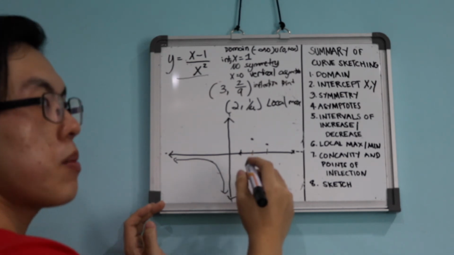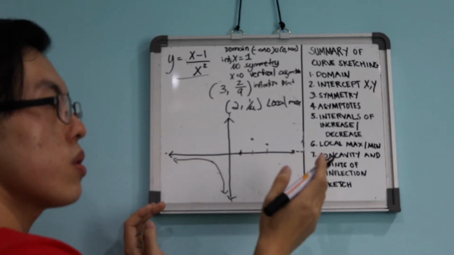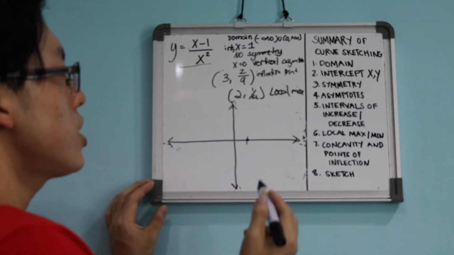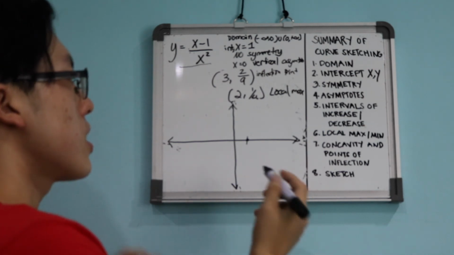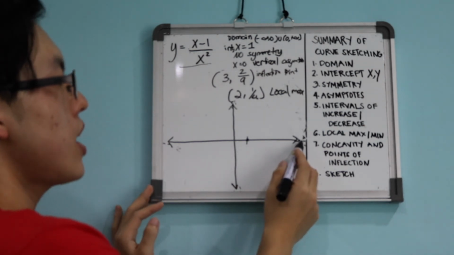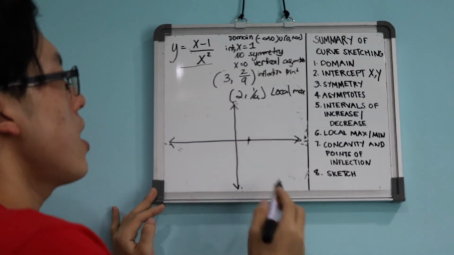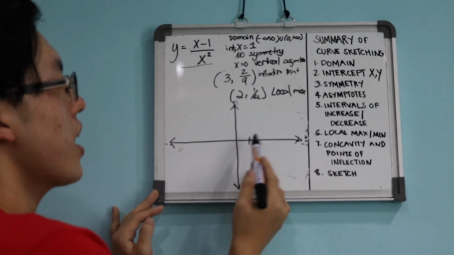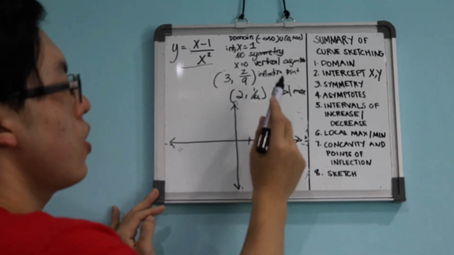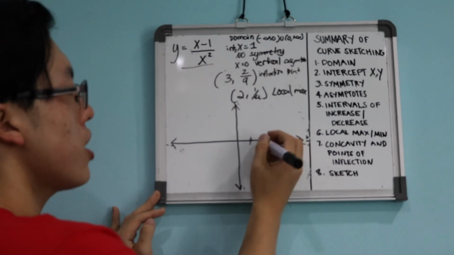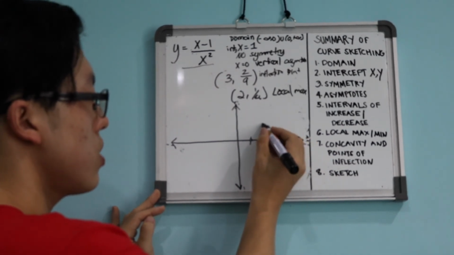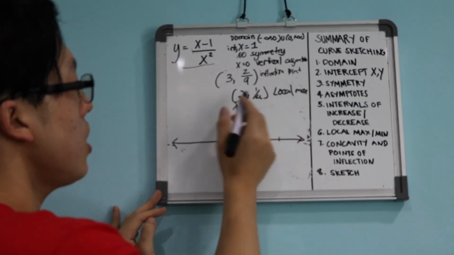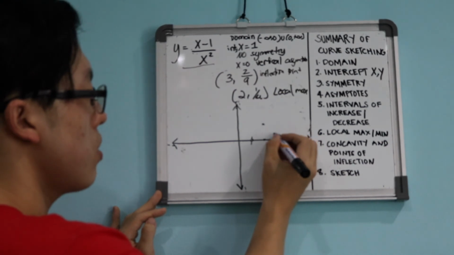So now that we have gathered all the data, first we will plug in the horizontal asymptote and the vertical asymptote, and we're going to plug in the x-intercept 1. So here, this is the x-intercept 1. Plug in the local max at 2, 1/4, so about here, and the point 3, 2/9, so about here.